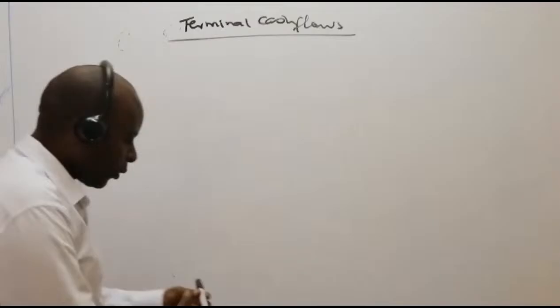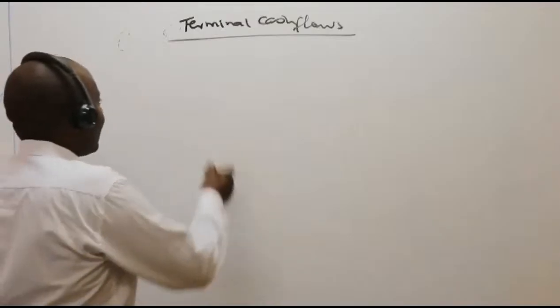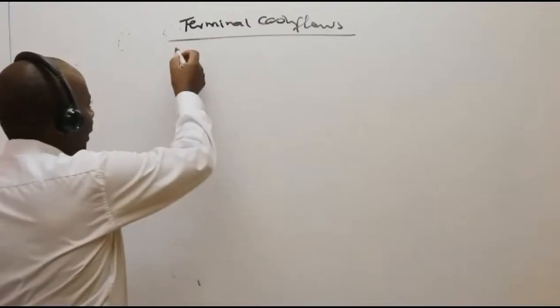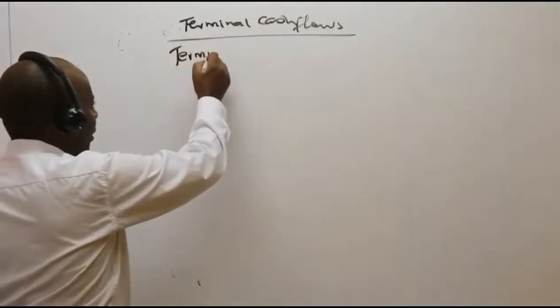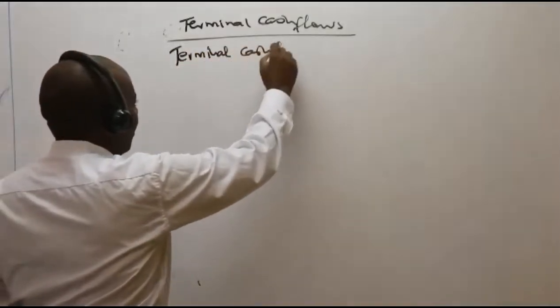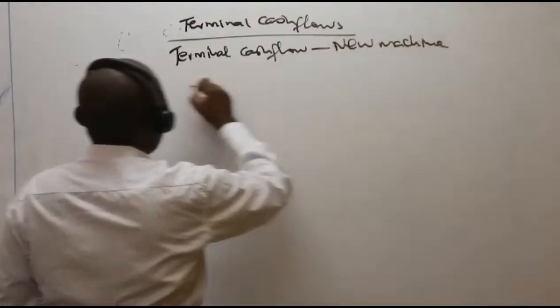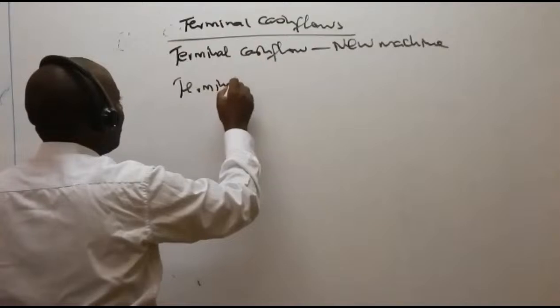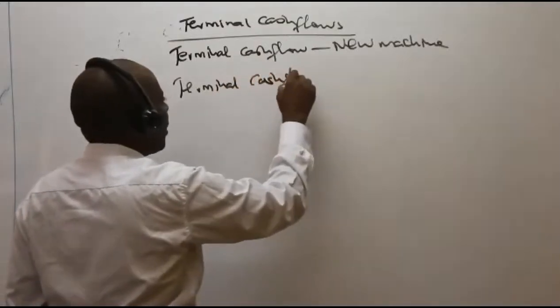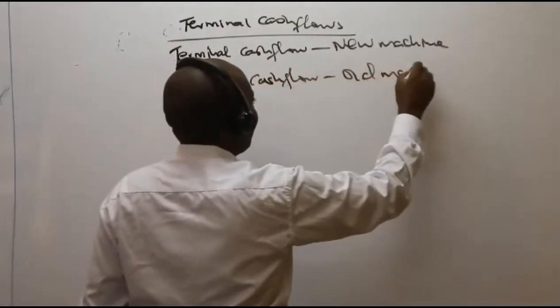So terminal cash flows will come and pick the terminal cash flow of the new machine, and then we have terminal cash flow of the old machine.